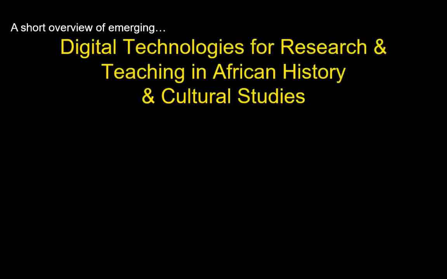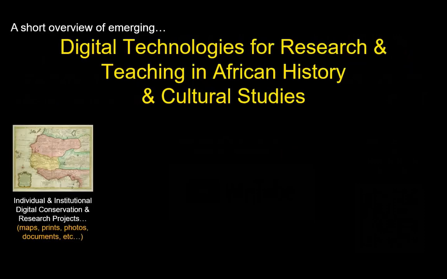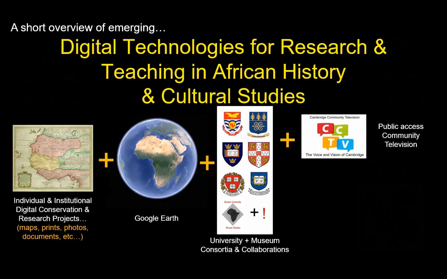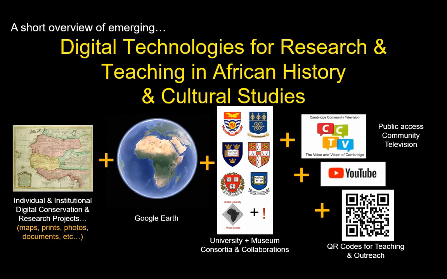So, this short overview of digital technologies for research and teaching has focused upon individual and institutional digital conservation, plus the use of Google Earth, plus the university consortia and museums that have emerged, and the public access television, the YouTube archival capacity, and the capacity for teaching and outreach possible through the dissemination of QR codes, which can be placed anywhere, including on advertisements in bus stations or train stations or anywhere.